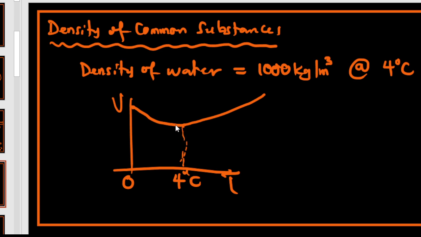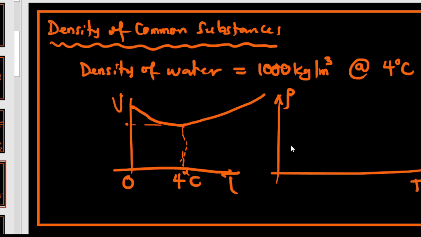So water happens to have the smallest volume at this particular temperature. But if you plot density, rho, against temperature, you're going to have the opposite situation. So this is what you have.